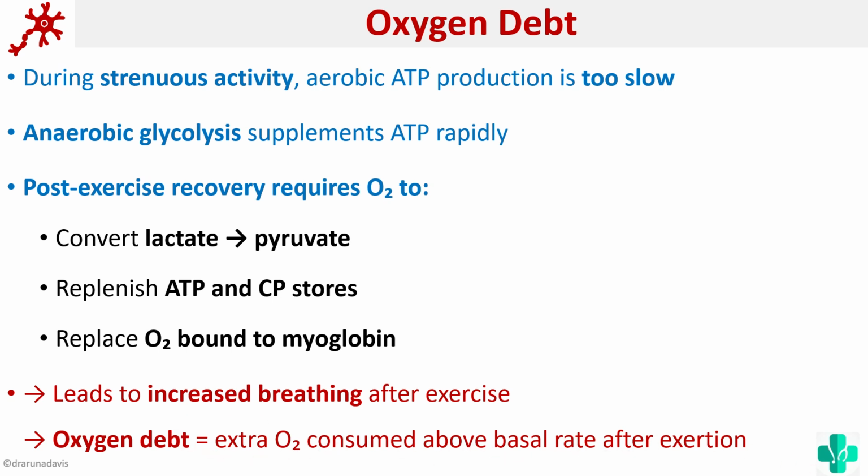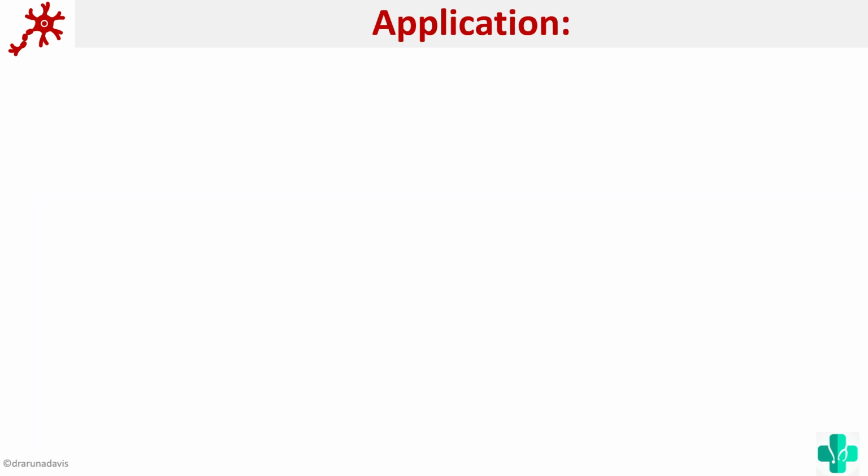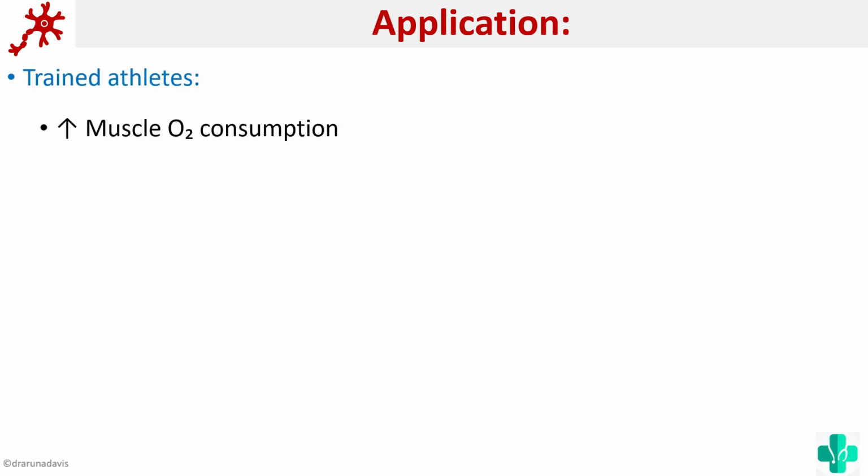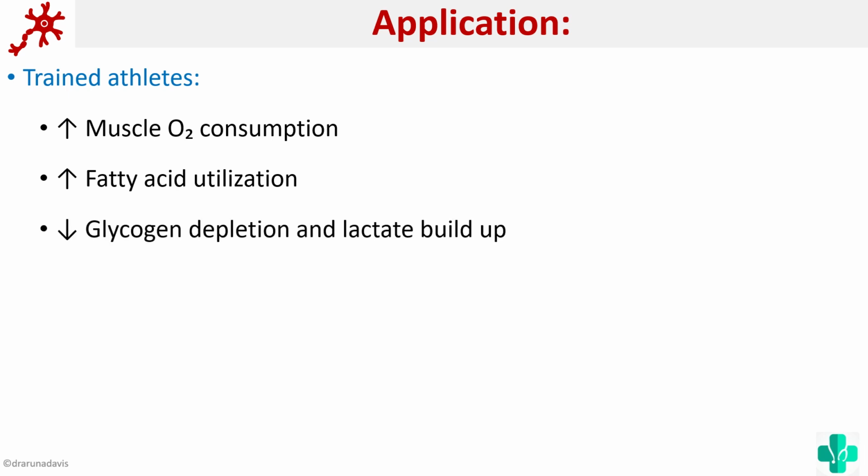Now why are we talking about oxygen debt here? Because for trained athletes, we have an application for this. Because of constant training, their muscle oxygen consumption is more. That means they know how to utilize the oxygen effectively. Their fatty acid utilization is more, so that oxidative phosphorylation can occur, and there is decreased glycogen depletion and lactate buildup, so that their oxygen debt is usually smaller.